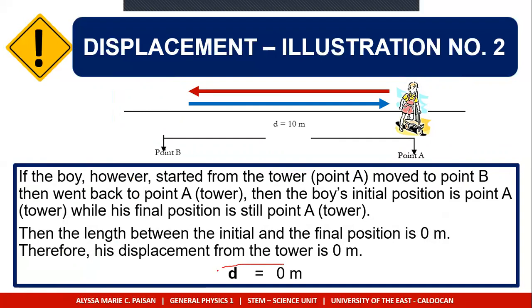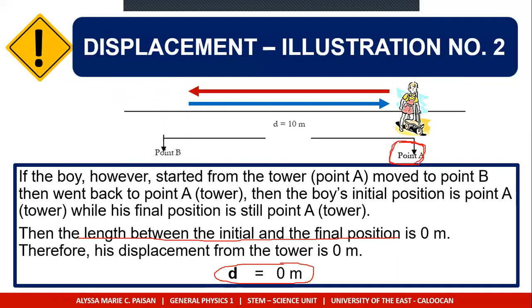The displacement is 0 because we define displacement as the length between the initial and final position. Now, since this point A is the original position of the boy, tapos bumalik siya, it means that the final position is also this one, point A.